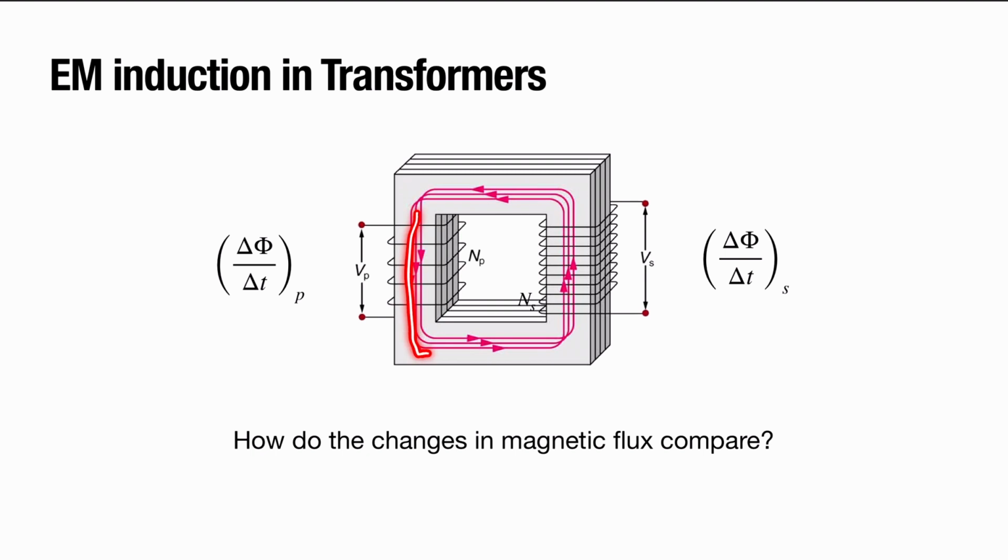But then, remember, the magnetic field lines are contained within this core. This means the magnetic field will also pass through this coil. So if we had a magnetic field of a certain number of Teslas going through here, the same thing would be true here. The magnetic field flowing through here must also be the same.